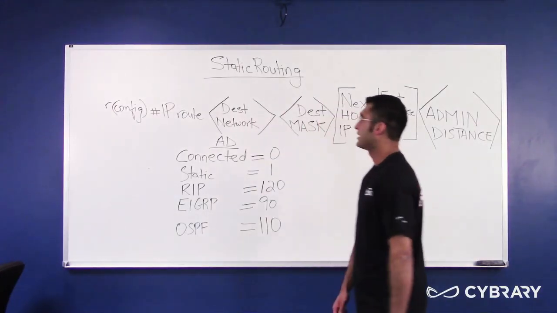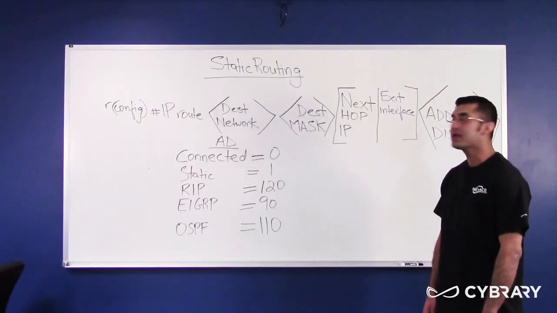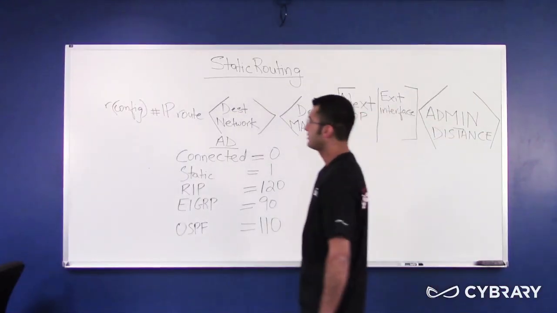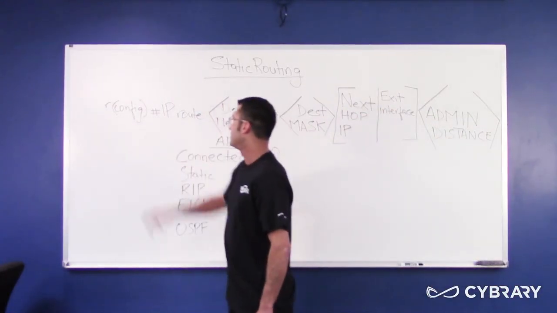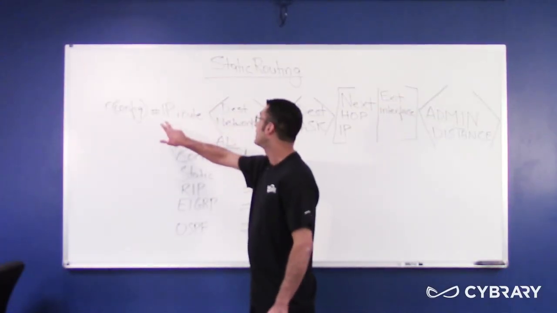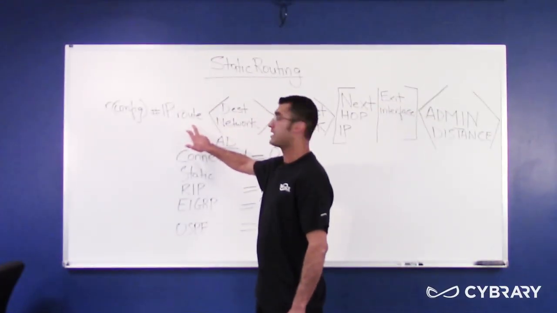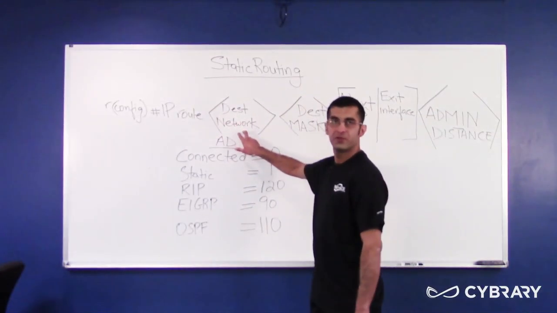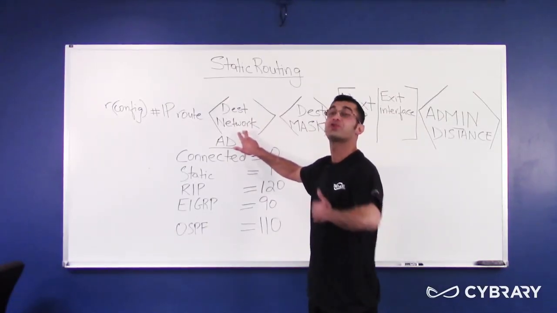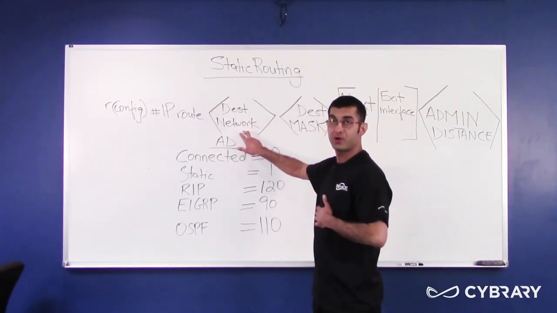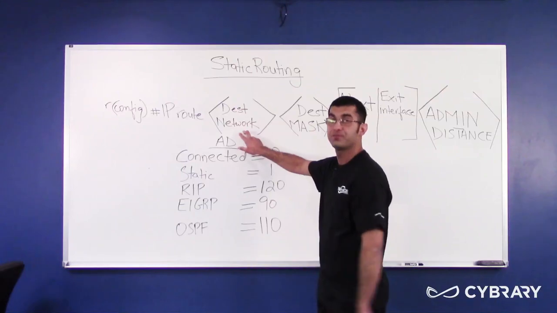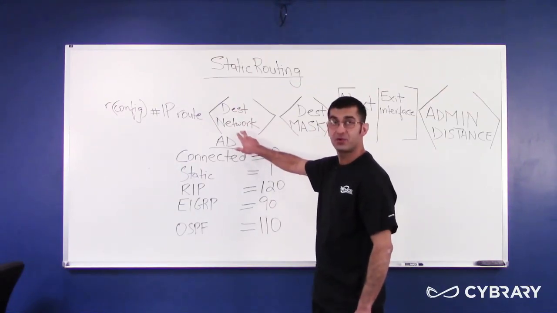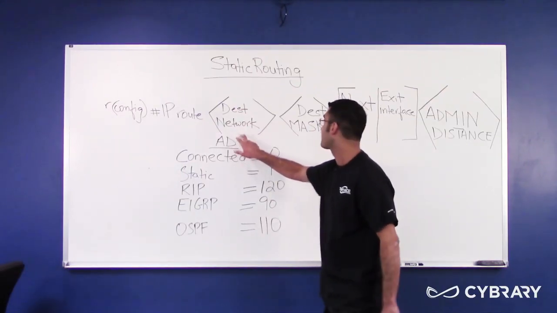So the skeleton for the command to create a static route is, from config mode, you're going to type ip route. Then there's a field for the destination network, where you're trying to get to, or the network where the router is trying to route to. So the IP address or the network address of that destination.